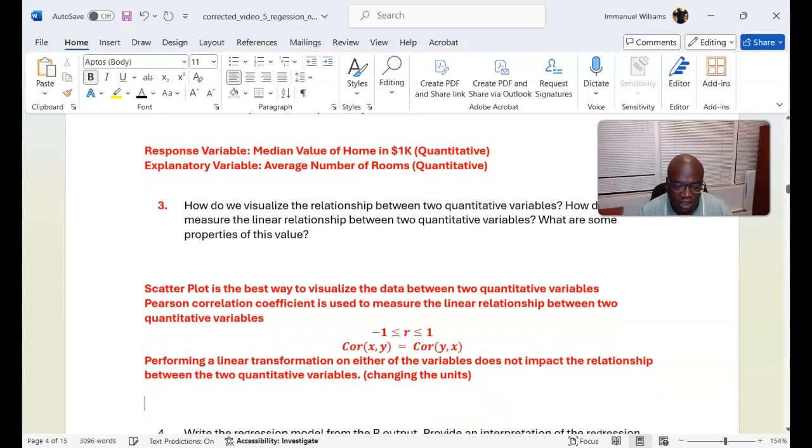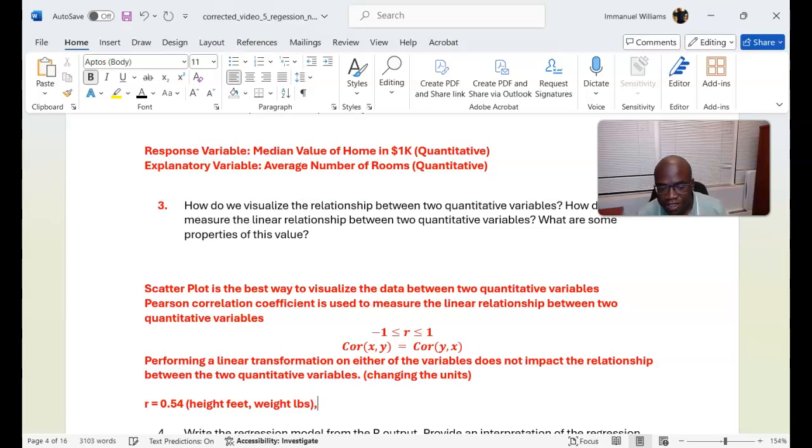So let's say, for example, I'm just going to make this up, R is equal to 0.54. And that represents a relationship between height, let's say measured in feet, and weight measured in pounds, from a sample of 50 people.